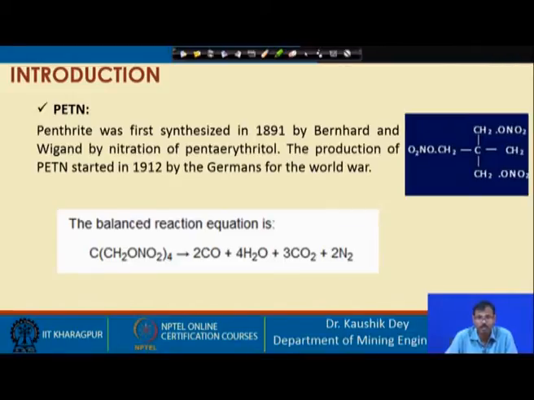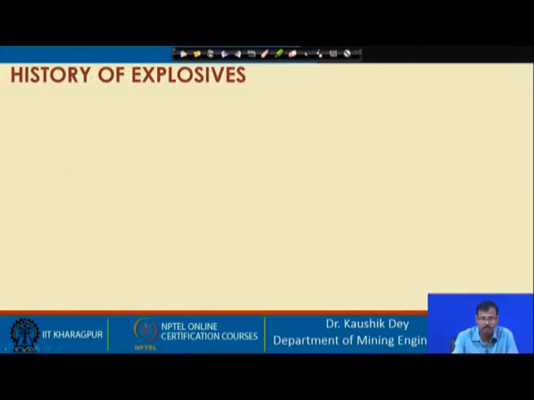Later on, PETN along with TNT started being used in mining as accessories. PETN has properties similar to TNT, which we discussed in the last class, and it is also being used in mining for the purpose.